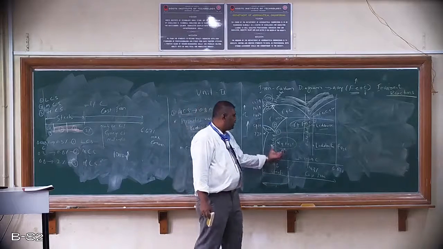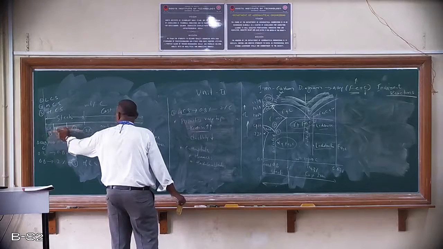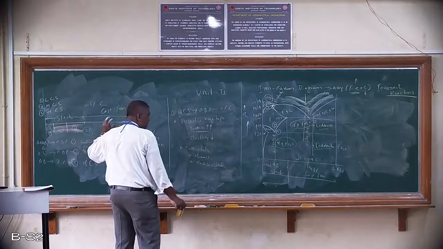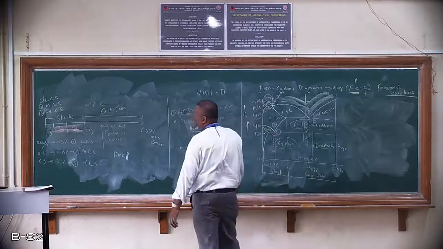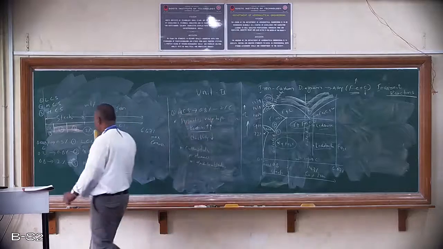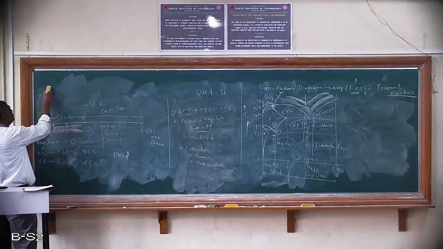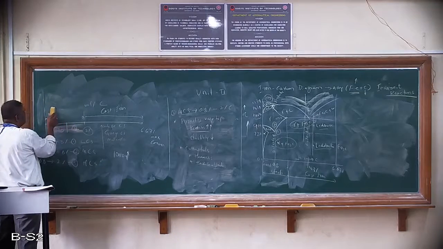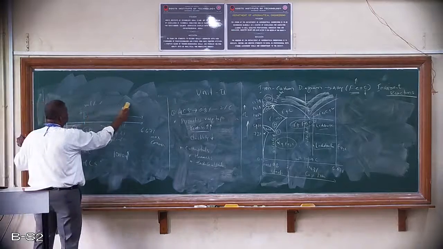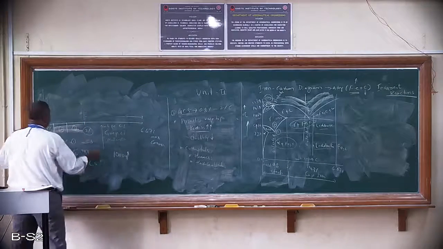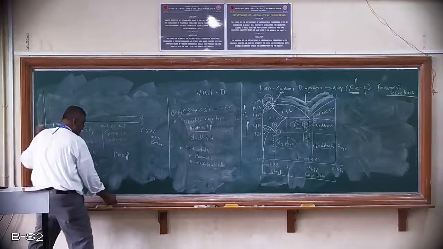Here steels are again subclassified as low carbon steel, medium carbon steel and high carbon steel. Now I will explain here. As you are aware, I am just rewriting here.